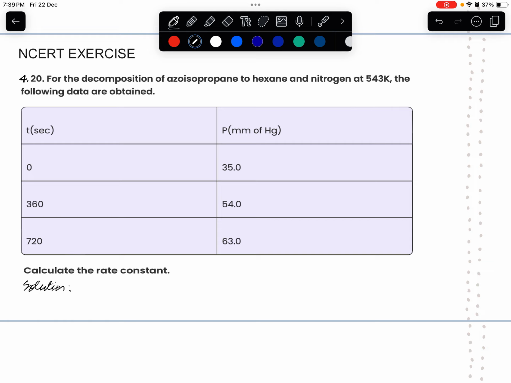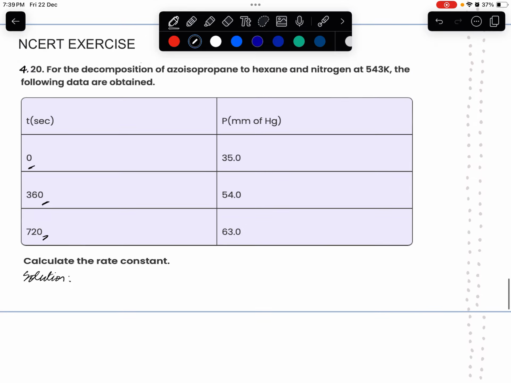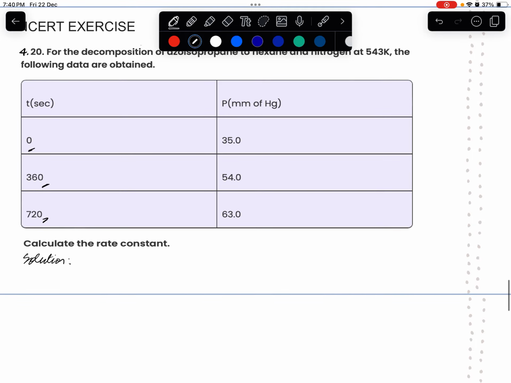First have a look here at what we have. When the reaction has not started, initially we have pressure only because of the azoisopropane. That is pure pressure of azoisopropane, and after a particular time we will get a total pressure. It will be the pressure of the reactant as well as the product, because all the components are gases.